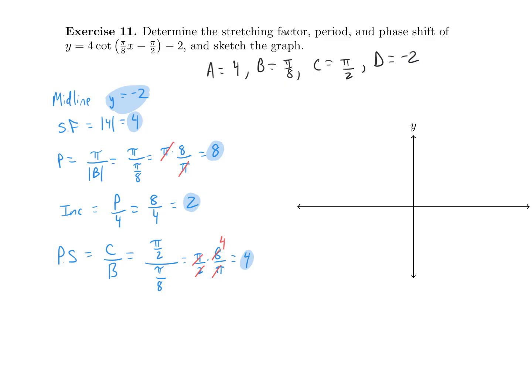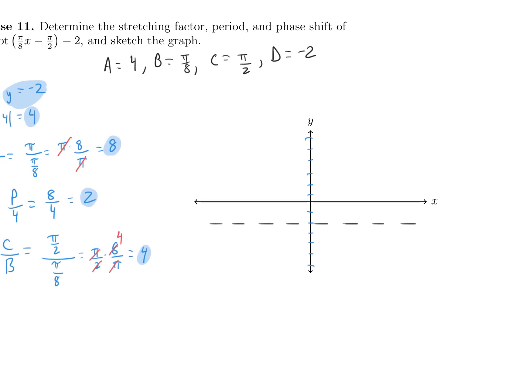Our midline is at -2, so let's count 1, 2, 3, 4, 5, 6, and draw the midline with a dashed line. Okay, now our first point is going to be our phase shift, which occurs at 4. So that's going to be the middle of the graph.